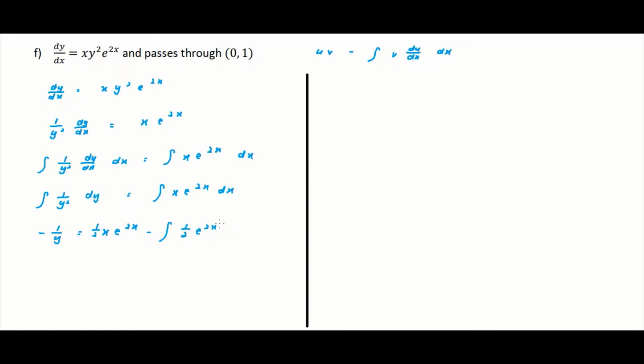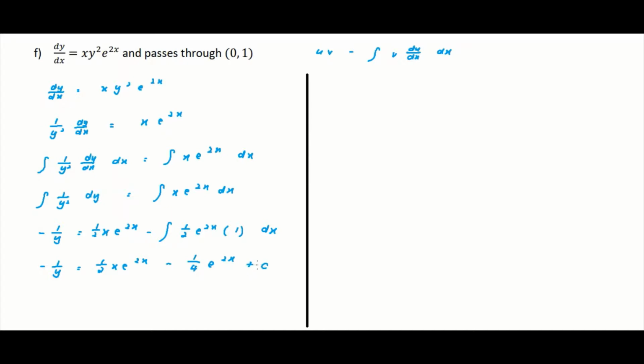Your du dx, in this case your u is x, so after you do differentiation you get 1, dx. Let's simplify it and do your last integration, e to x. You need to integrate 1 over 2 e to x, which you get 1 over 4 e to x. Then plus c.